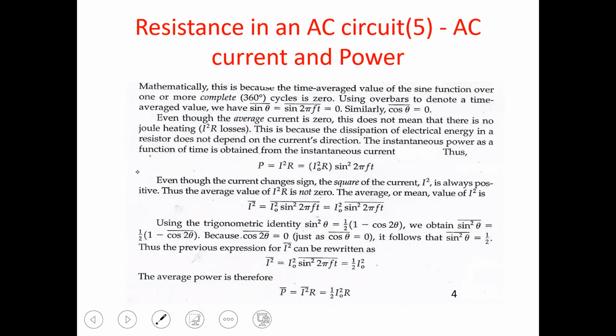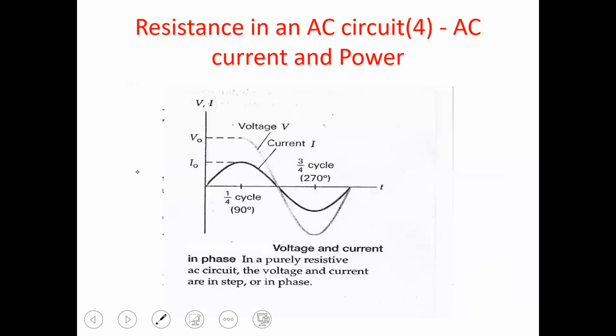When you look at the voltage from an AC source, we said it alternates between positive and negative.